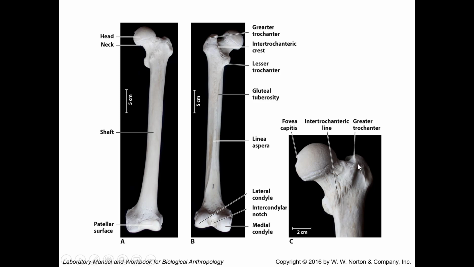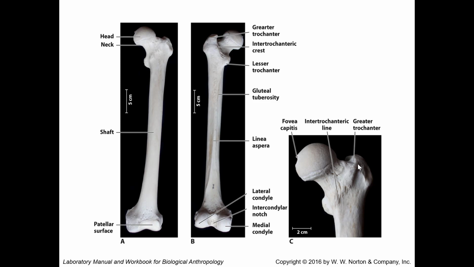The greater trochanter is a muscle attachment site for the gluteal muscles that originate on the pelvis. Just below where the femur neck meets the shaft on the posterior surface, there is an area of attachment for muscles from the pelvis and the lower back.